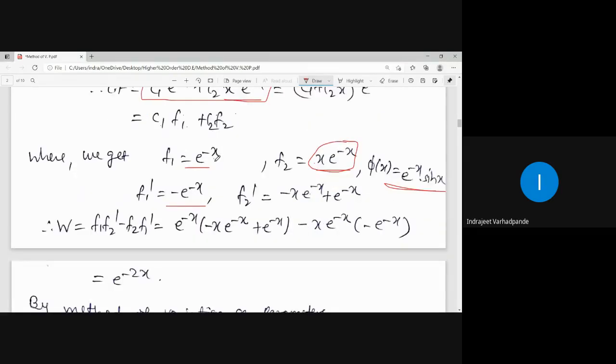Now crisscross: f1 into f2 dash minus f2 into f1 dash. Open the bracket, cancel the required terms.